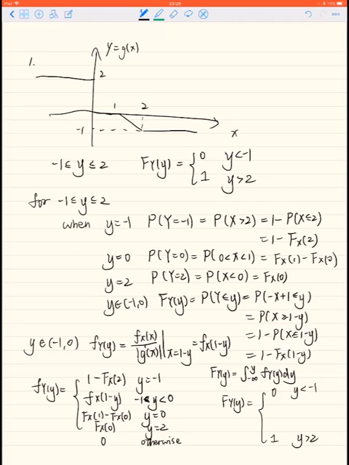That's what we have defined in the beginning. And then in the middle we have 1 minus F_X(1 minus y) when y is ranging from minus 1 to 0, and should be 1 minus F_X(0) when y is ranging from 0 to 2. And that's the answer of the first question.